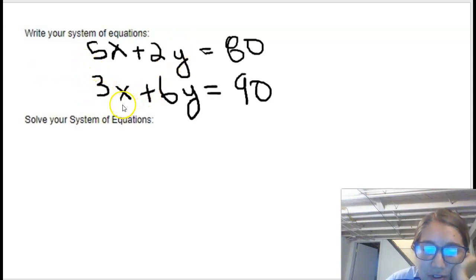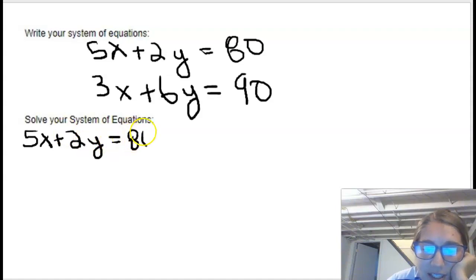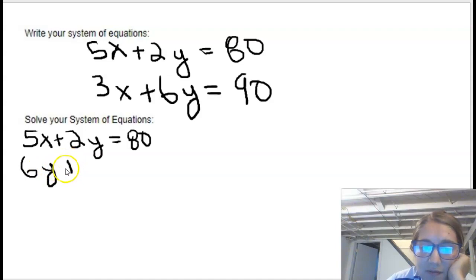I'm going to choose to eliminate my x's or y's, you can choose to eliminate either of them. I'm going to get my y's to be a positive 6y and a negative 6y. Sorry, I typed what I spoke.